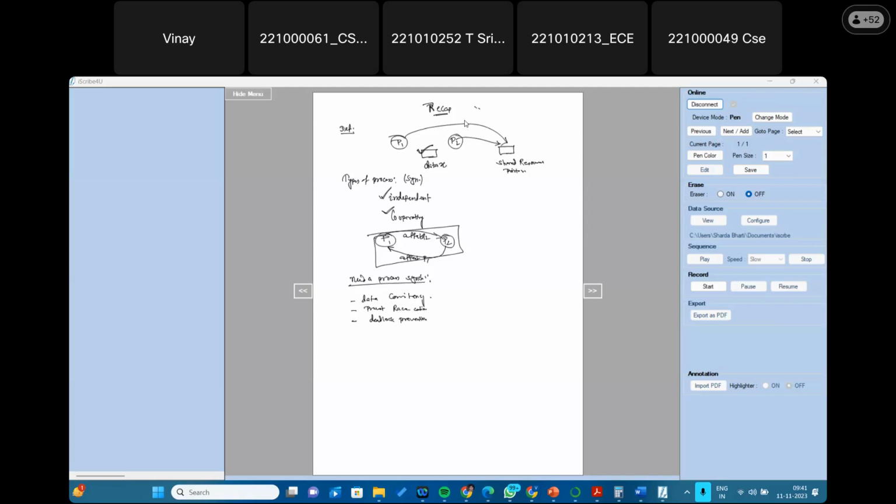Next we have priority control, meaning which process will be executed first. Then we have concurrency control, because modern day systems are concurrent systems.